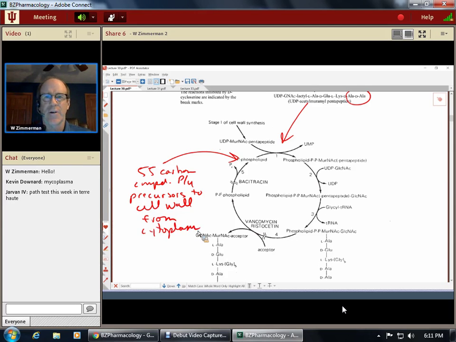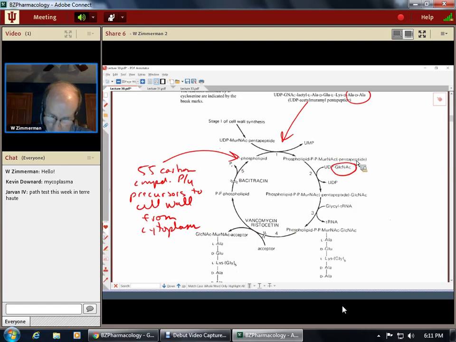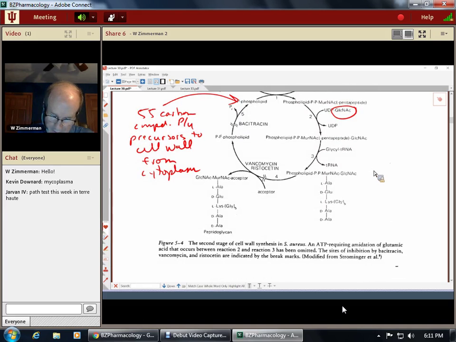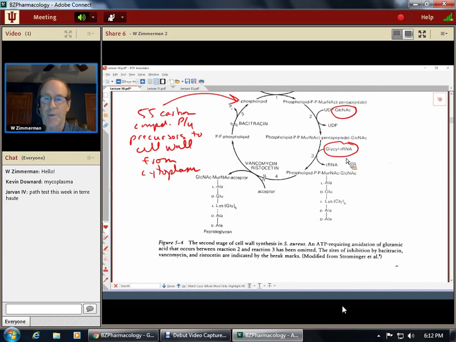So it's a gigantic carrier of sorts. Here we are at the start, it's picking up this muramyl pentapeptide. Once that comes in and is attached to that compound, N-acetylglucosamine comes in. Then we start looking at glycine transferases coming in.